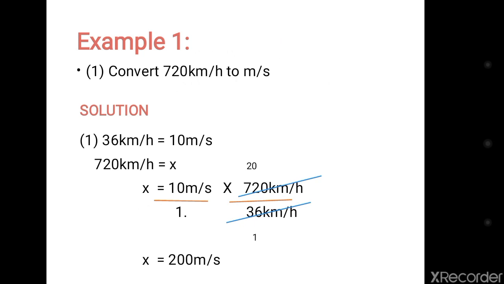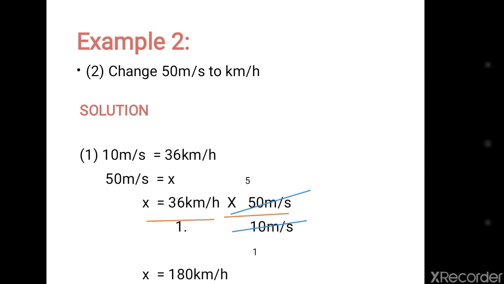Here I denoted unknown as X. So X is equal to what we have on the right hand side, which is 10 meters per second, times the reciprocal of what we have on the left hand side. And that will give you 720 kilometers per hour over 36 kilometers per hour. Divide by 36. 36 into 36 is 1. 36 into 720 is 20. So 20 times 10 will give you 200 meters per second.